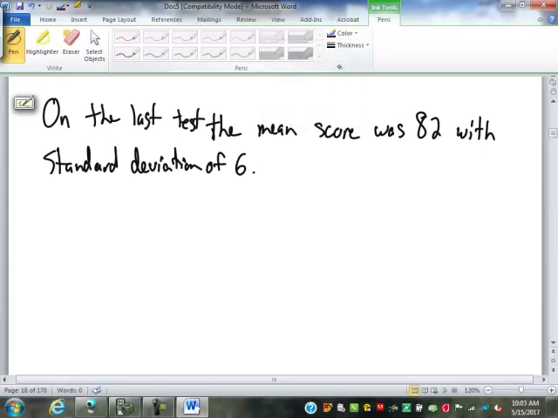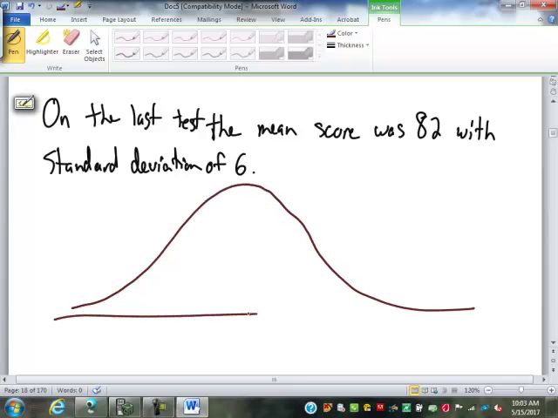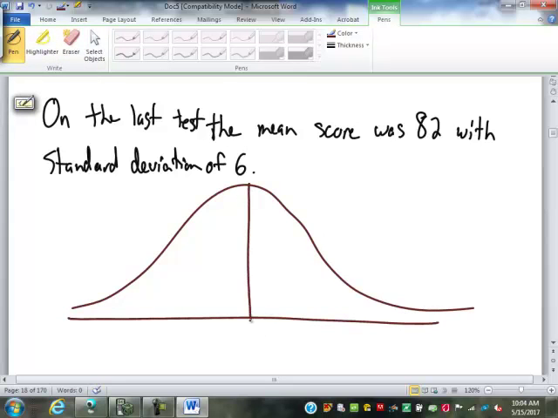Remember, this is talking about a bell curve. And the center of the bell curve is what? The mean, right? The 82. You had the right idea. As I go to the left, I take 3 steps, and each step is 6.